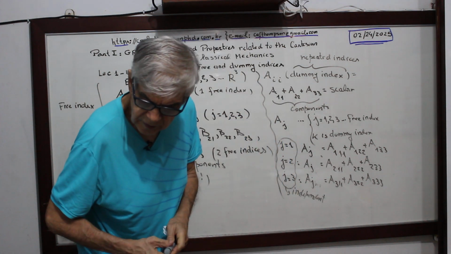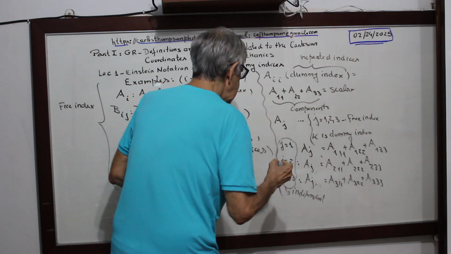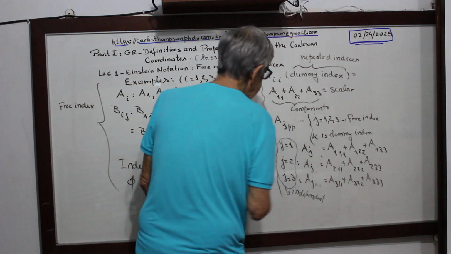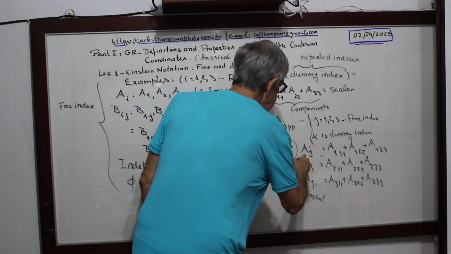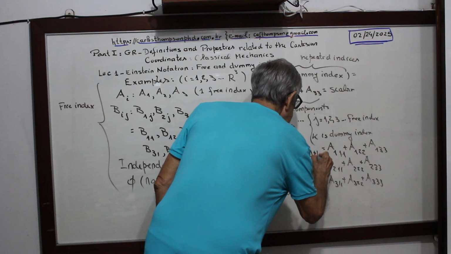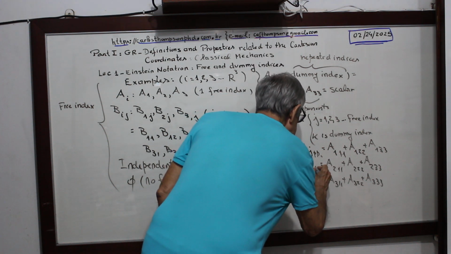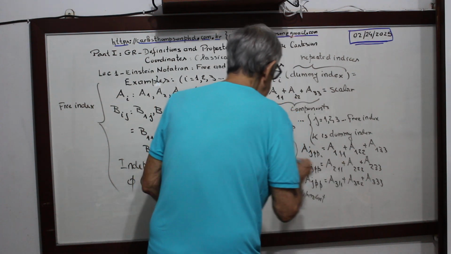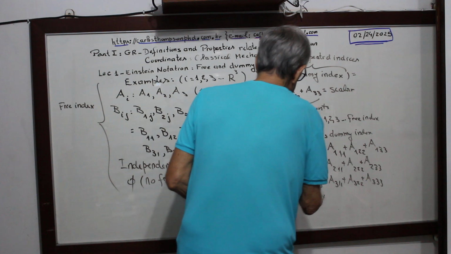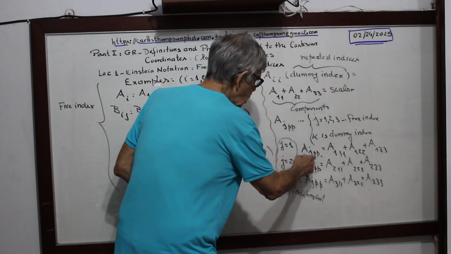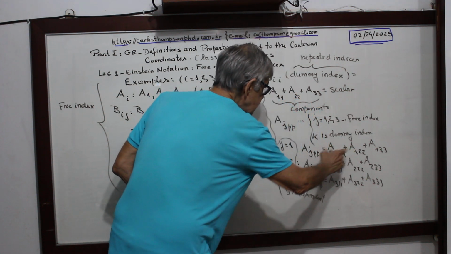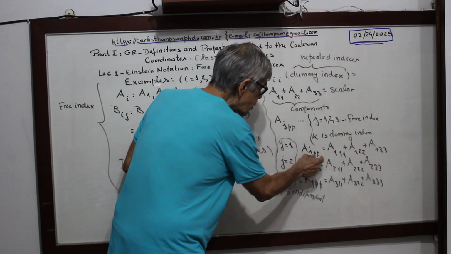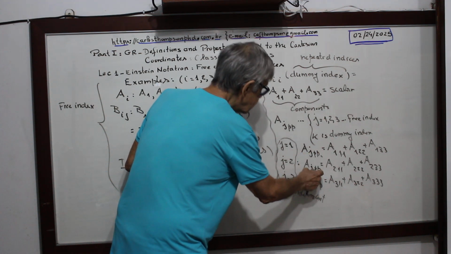Then I put, for instance, pp. You see, this is pp. Here, p goes to 1, 2, 3. There's a sum. The sum is the same. You see, that's why we call it a dummy index.